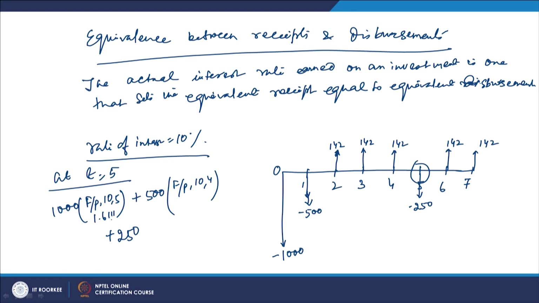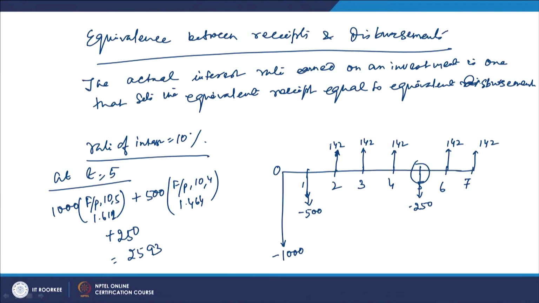Now if you take all these factor values, it will be 1.611, and this factor value by looking at the table you will get 1.464, and this will be 250. So this is coming out to be 2593.